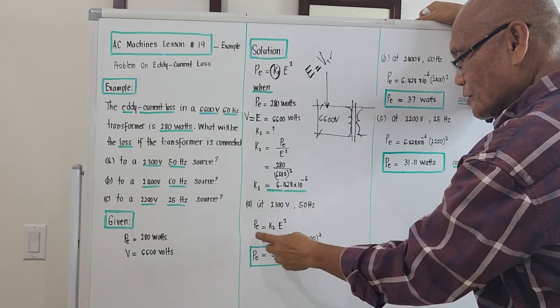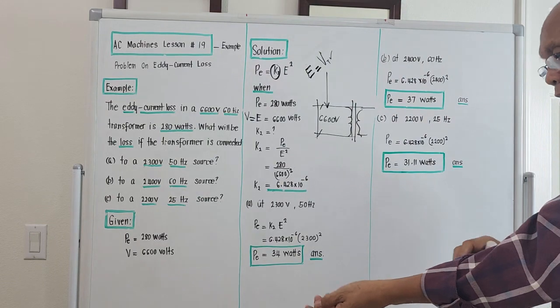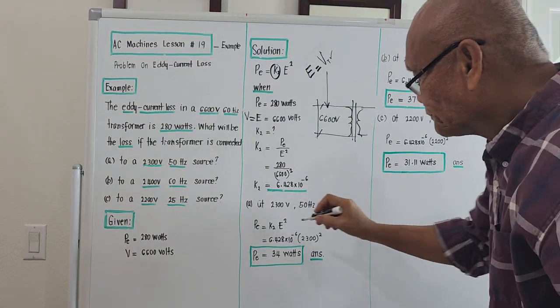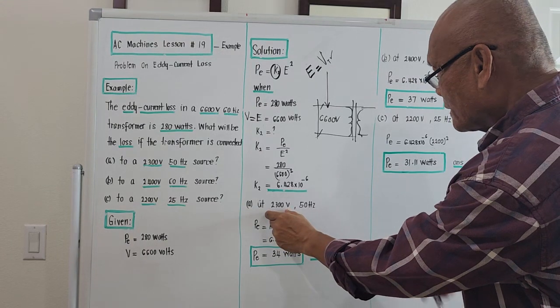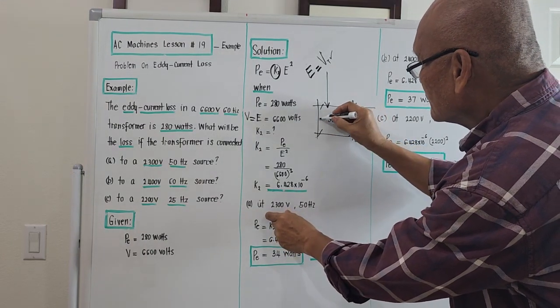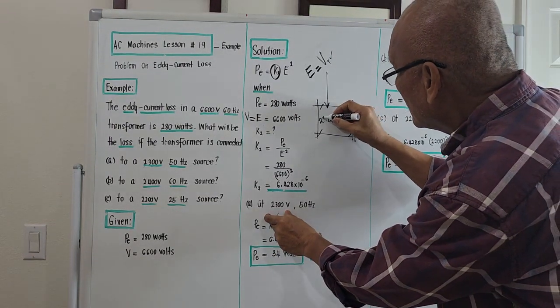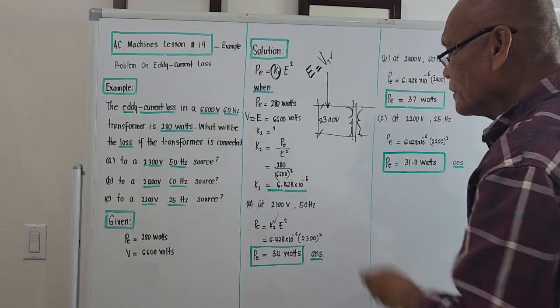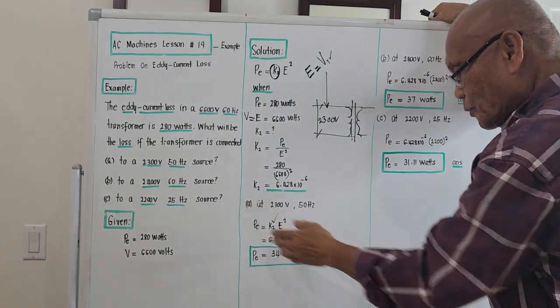Using the same formula, PE will be K2 times E squared. We now know K2, right? So when the applied voltage is 2300, what will be the eddy current loss? We'll be using this formula.